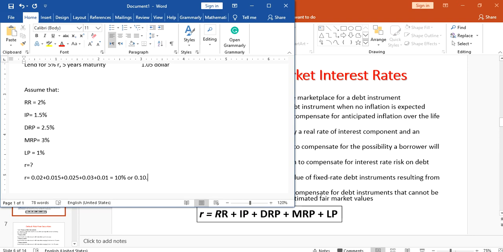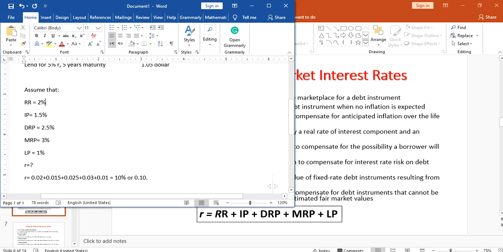Very, very simple. 1 plus 1 equals 2. Piece of cake. But you should not get confused with decimals and percentages. Okay? That's the first one. And second one, I may give you this rate, but ask you for the real risk-free interest rate.